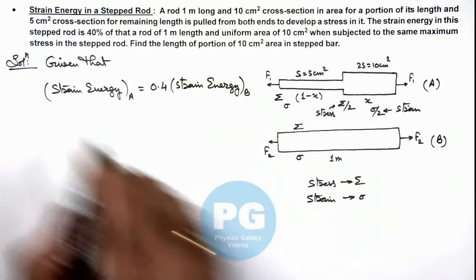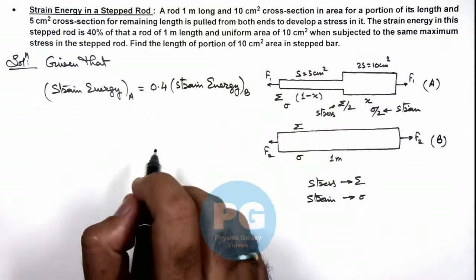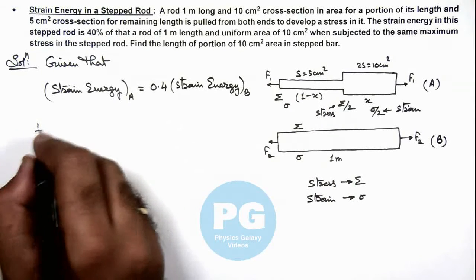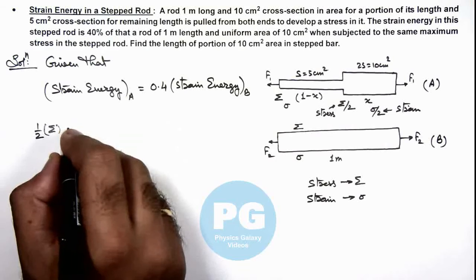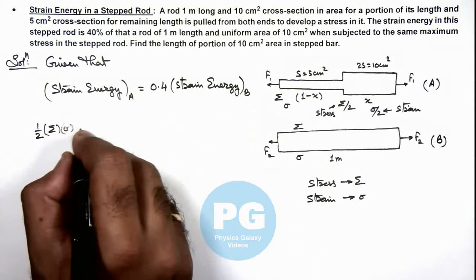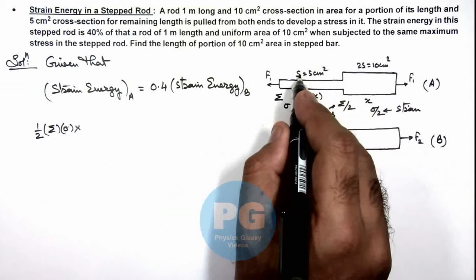So here we can write for the first part of this rod, strain energy will be half multiplied by sigma multiplied by small sigma multiplied by the total volume. Its area is taken as s.